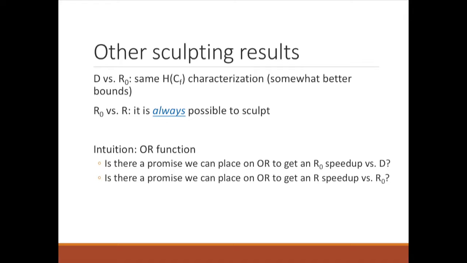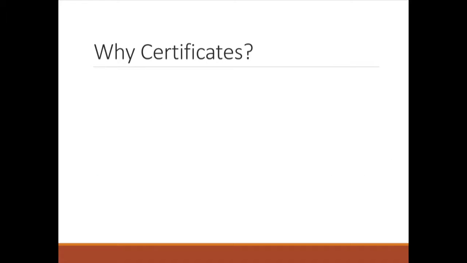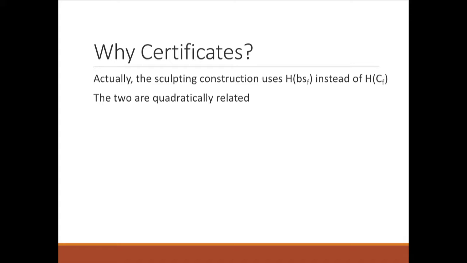OK. All right. So there are some philosophical questions here. Why did the H index come up? Why certificates? How is that related to the sculpting question? The answer is it sort of is not, because the H index of certificate complexity is polynomially related to the H index of block sensitivity and the H index of a bunch of other measures you could have put there.